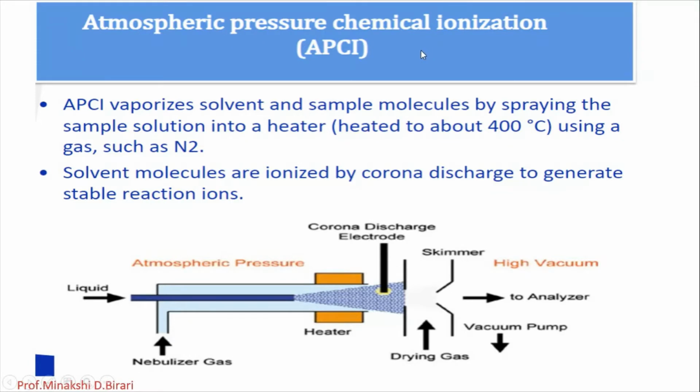Atmospheric pressure chemical ionization is a soft ionization technique based on the mechanism of evaporation and carried out at atmospheric pressure. Actually, APCI is a combination of chemical ionization and electrospray ionization with some deviation. We will discuss how it is a combination of CI and ESI.